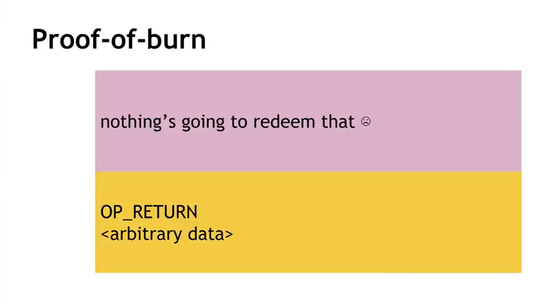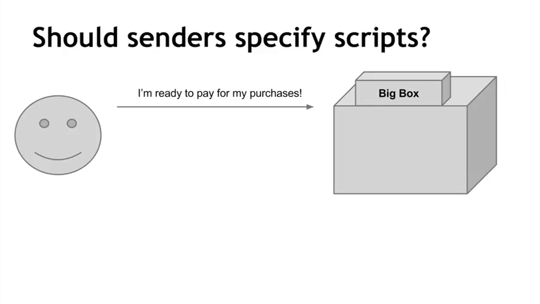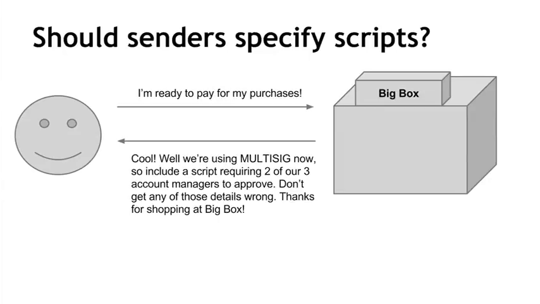So one thing that's funny about this is that the sender of coins has to specify the script exactly. This might be funny if you're a consumer, you're shopping online, you're about to order something, and you say, all right, I'm ready to check out, I'm ready to pay, tell me the address where I should send my coins. And the retailer came back and said, oh, well, we're doing something fancy now. We're using multisig.